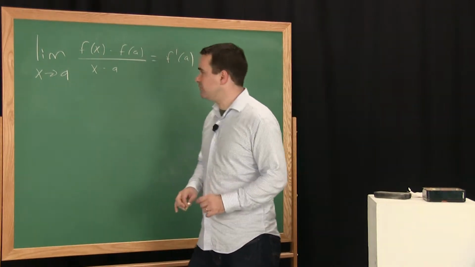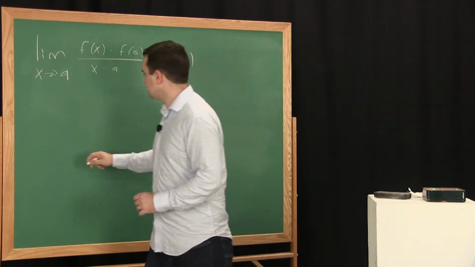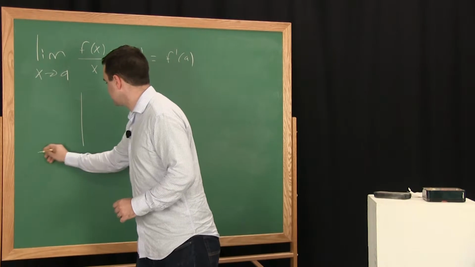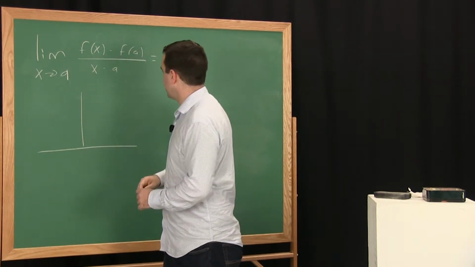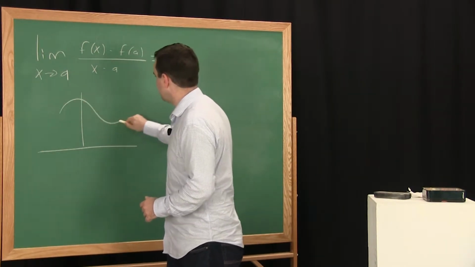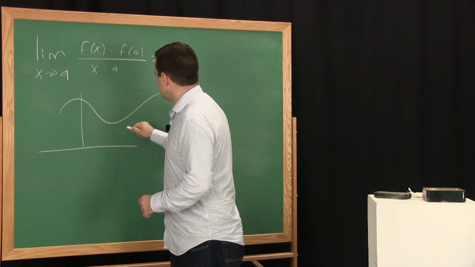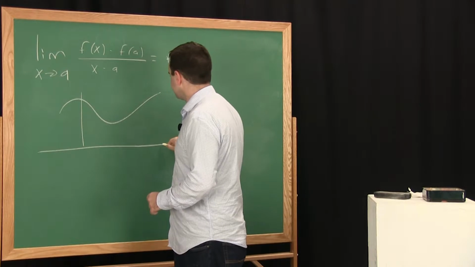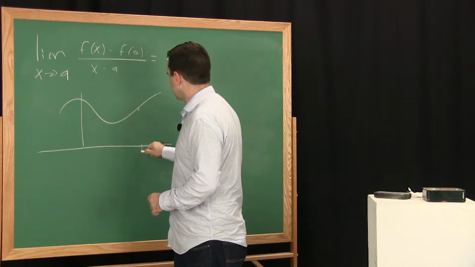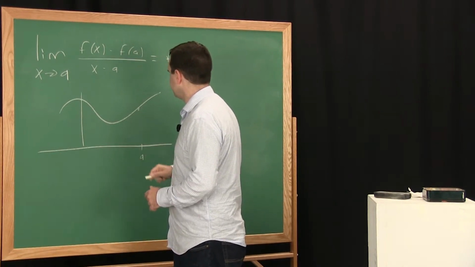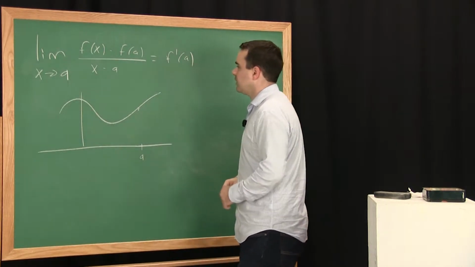And I'll explain what I mean in a second, but first let me draw you a picture that shows what's going on here. So maybe you've got some function f, and maybe you picked a point x equals a.